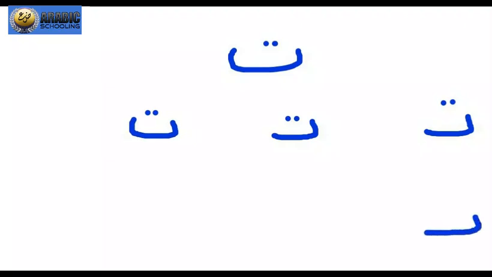You come from right to left for the three dots. In the middle, same three dots, and make it straight to connect after, which means on the left side. And at the end, you close it because it would be the last letter in the word. This is how we write the Ba, Ta, and Tha.